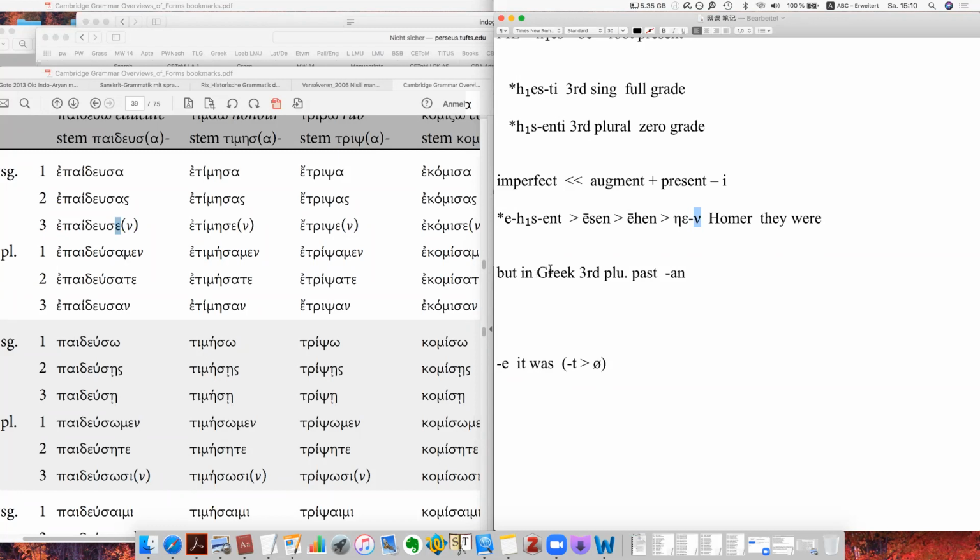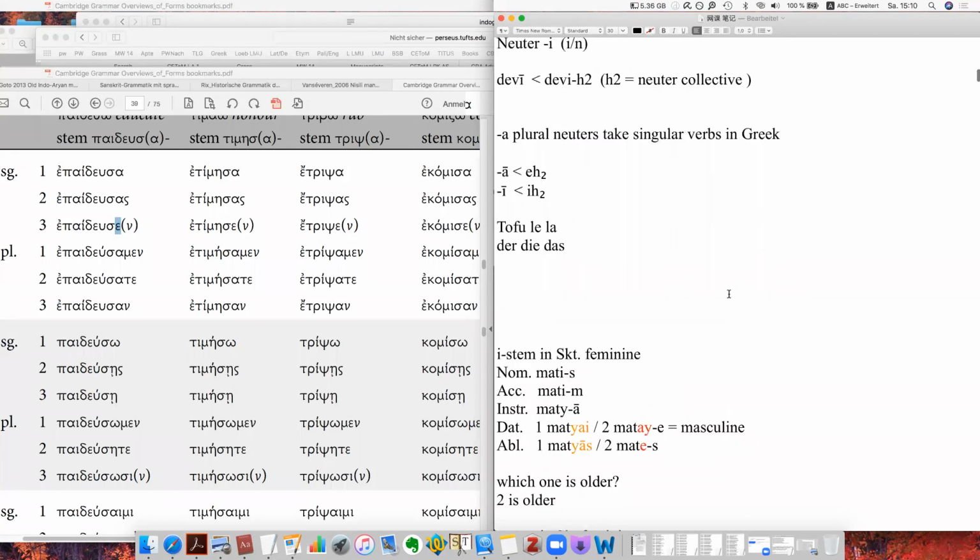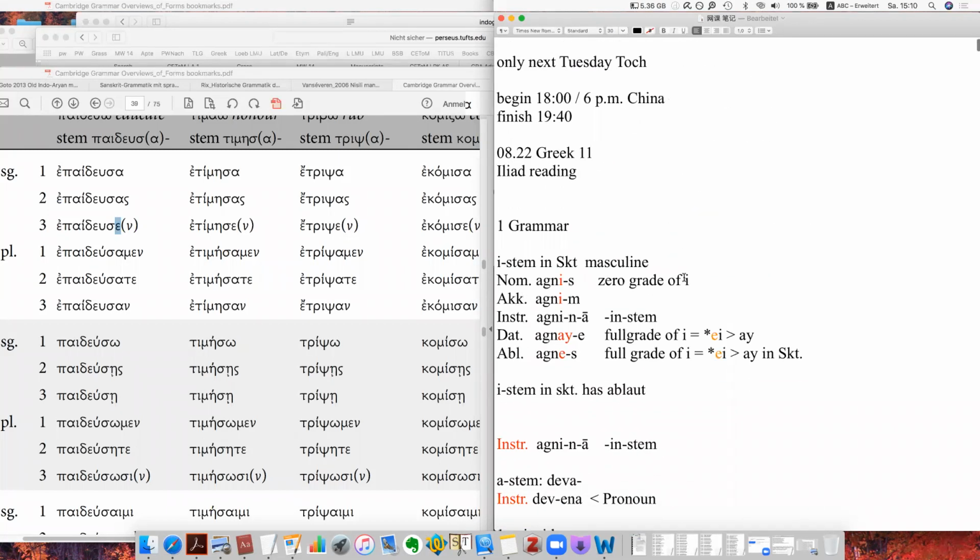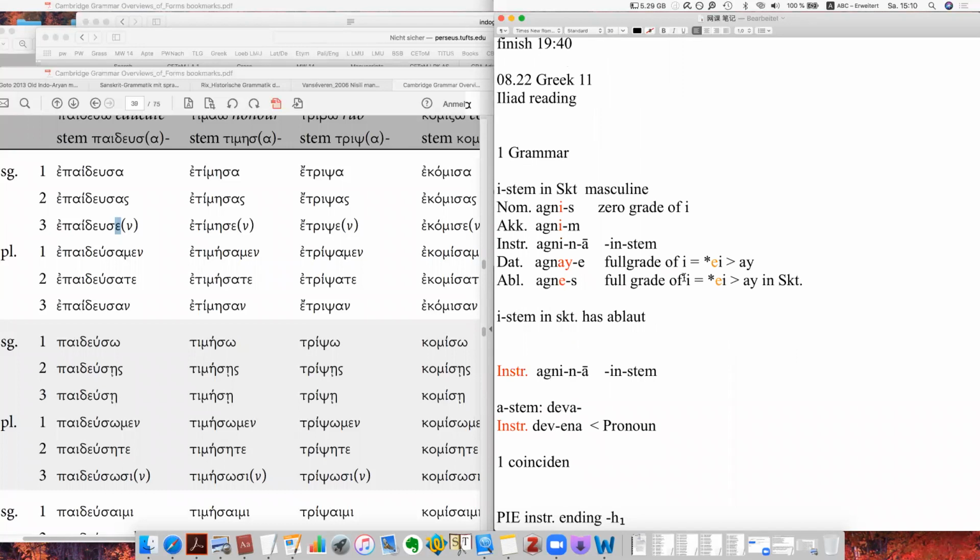Okay, so I think this is everything for today. So before we stop, let's make a very brief review of what we have done today. So today we talk about the E stem, right? So first we compare the Sanskrit E stem, Agni, Nam, Agnina, and this is actually yin stem, and also this one is also strange.